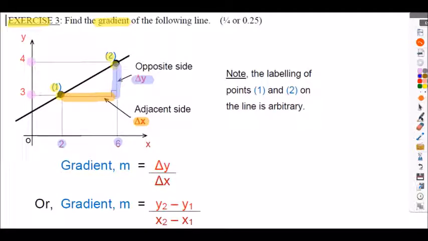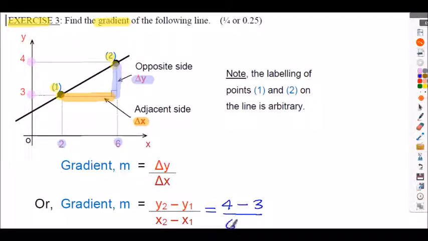So if we use this equation and put the values in from the table above, the y coordinate for point 2 is 4, so that becomes 4. And we're subtracting from that the y1 coordinate, point 1, the y1 is 3. And that's all divided by the x2 coordinate of point 2, the x coordinate is 6. So that's 6.